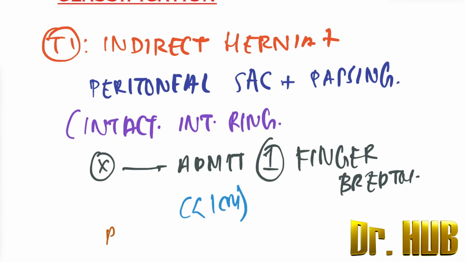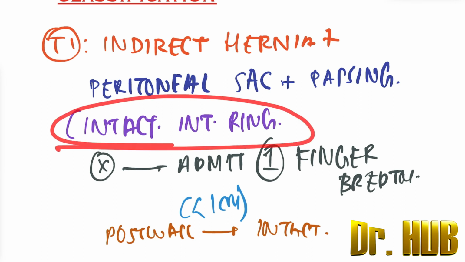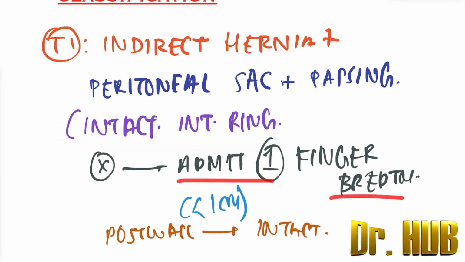The posterior wall, if you see, is intact. So, indirect hernia with a peritoneal sac passing through the intact internal ring, which does not permit one finger breadth, and the posterior wall remains intact.